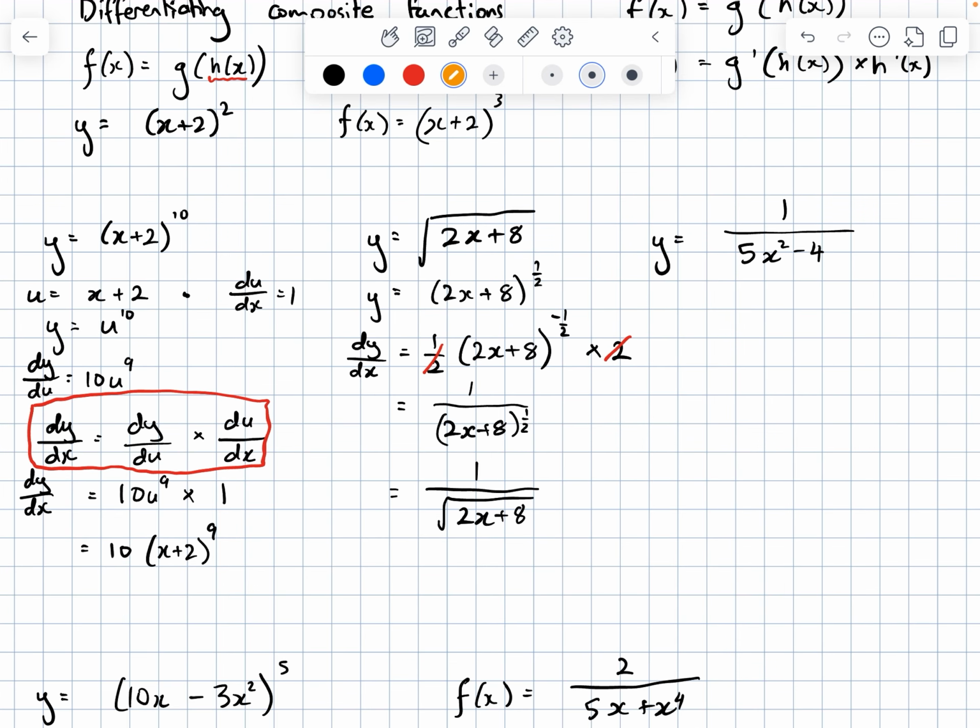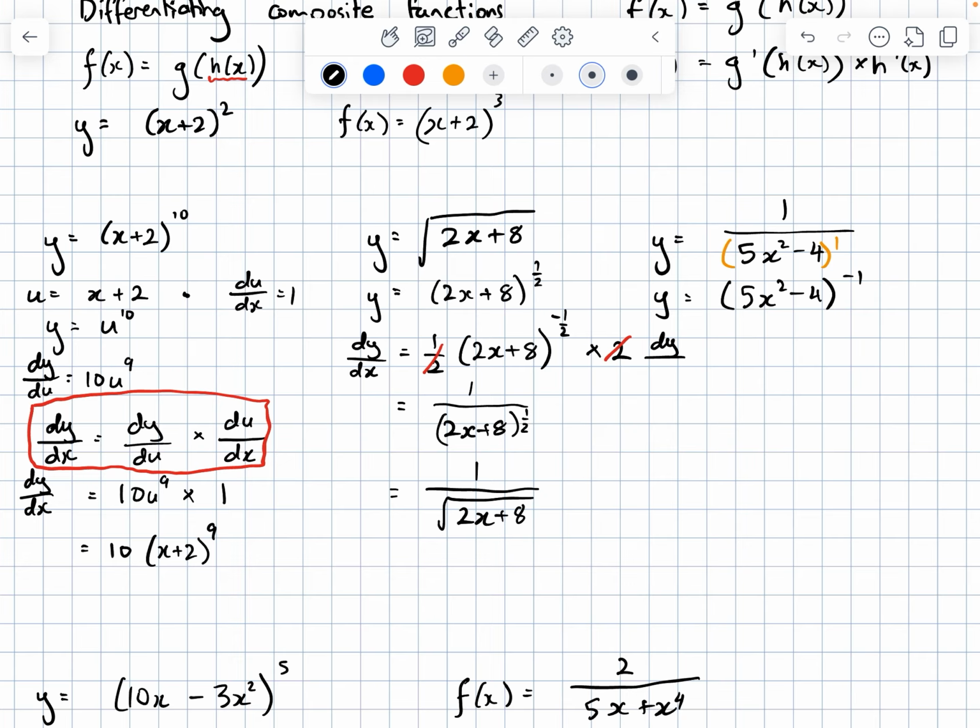For our next function, we've got something all on the bottom. Now, you were allowed to bring the variable to the top when it was just one thing. But when there's lots of things, and by lots of things I mean something with a minus or a plus, we can only treat this as if it's all to the power of 1. So I can rewrite this by bringing all of that to the top and saying 5 (x squared minus 4) all to the power of -1. Then I can differentiate this just as I was doing.